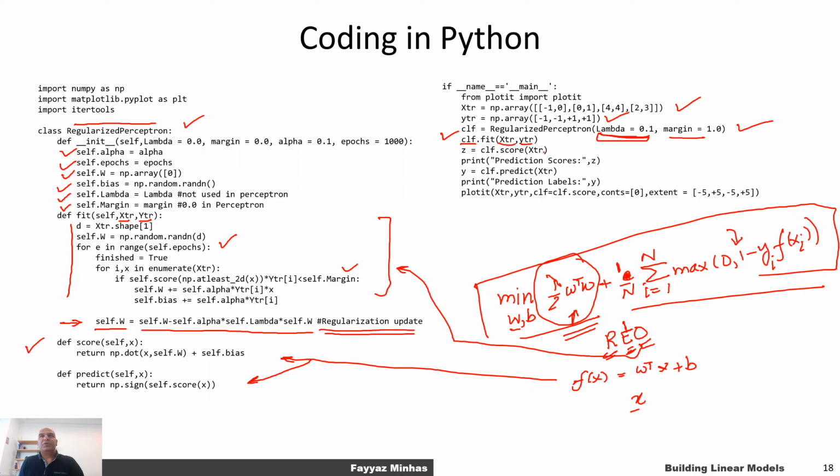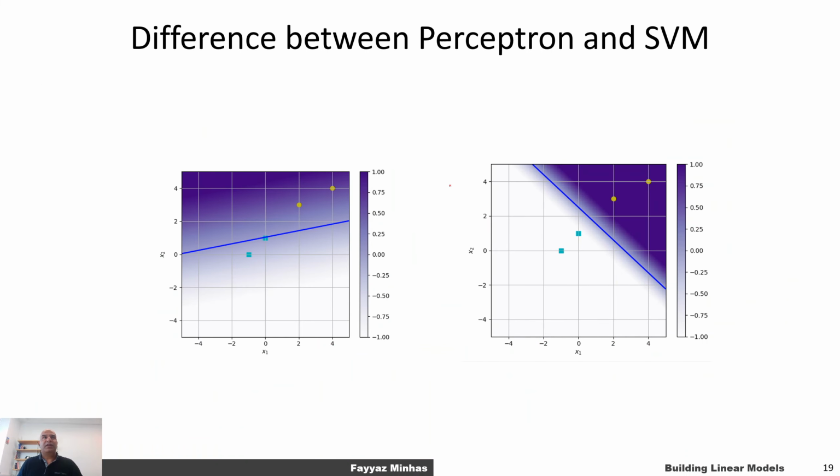which you can then use to score or obtain predictions for a given test example or a set of test examples, as we are doing over here. And then this plot function allows us to visualize the same thing. Okay, and we have seen how this code works. If you use a perceptron, that is if you use lambda equal to zero and margin equal to zero, then what this gives is this line.